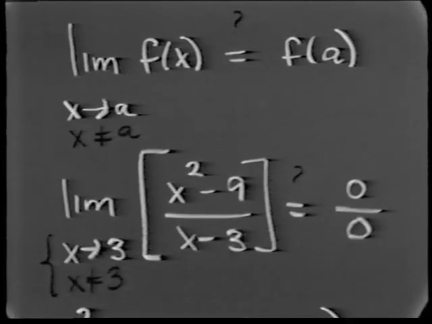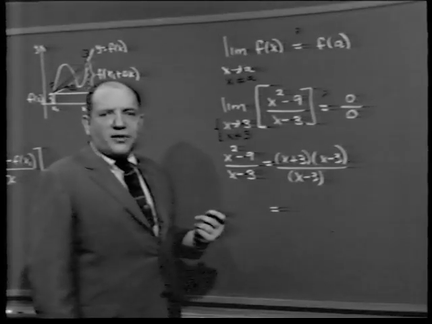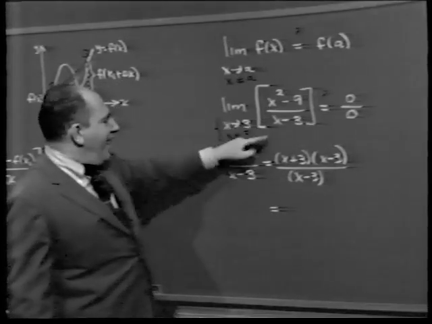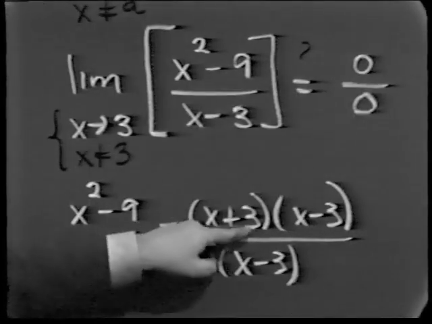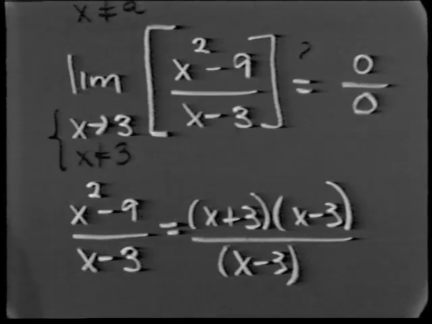To see what happened more anatomically in this particular problem, let's go back to our old friend of cancellation again. We observe that x squared minus 9 can be written as x plus 3 times x minus 3. And then we divide by x minus 3.